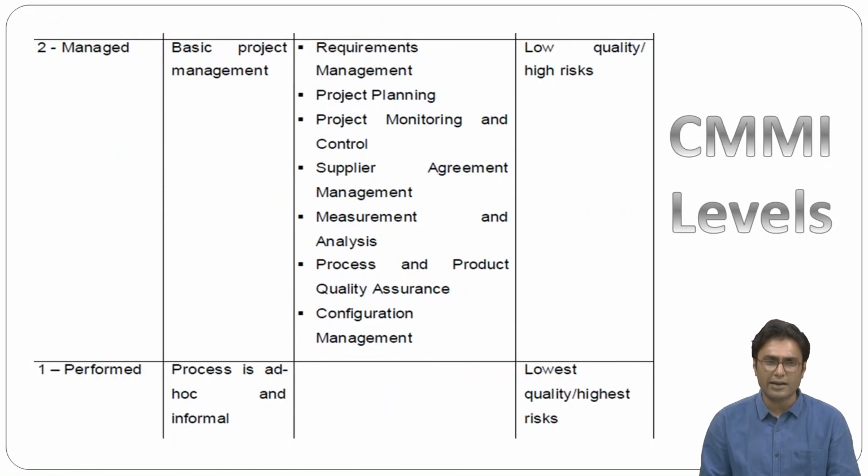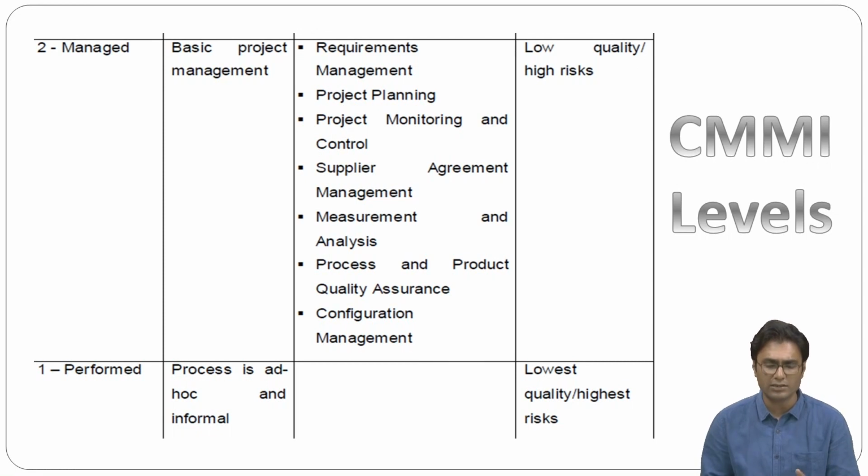In the next slide we have level 2 managed. In the focus column you can see basic project management. Then we have requirements management, project planning, project monitoring and control, supplier agreement management, measurement and analysis, then process and product quality assurance.